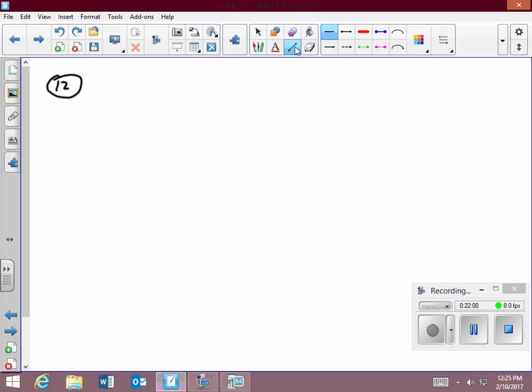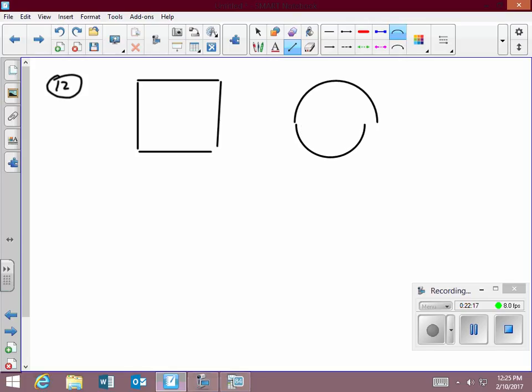So we have a square, and both areas are 18.45.